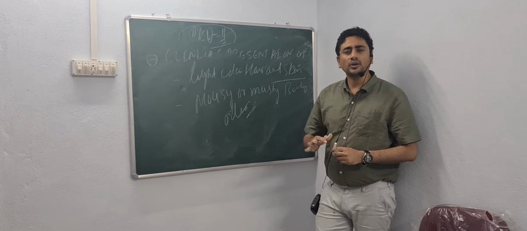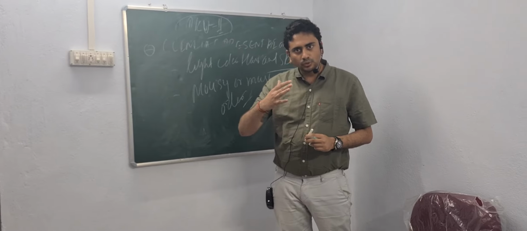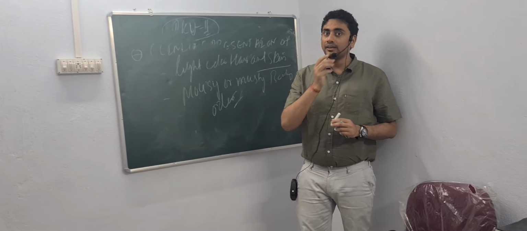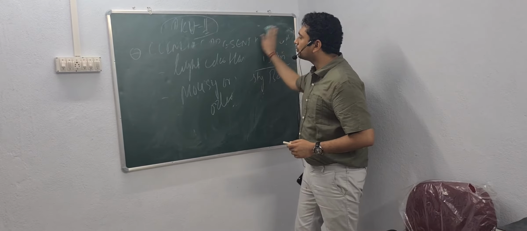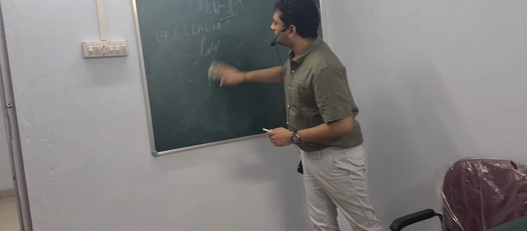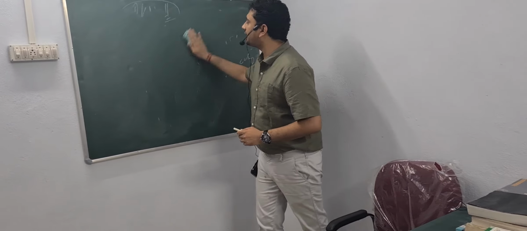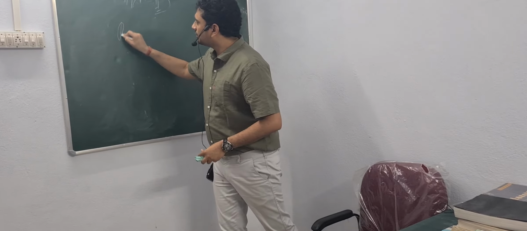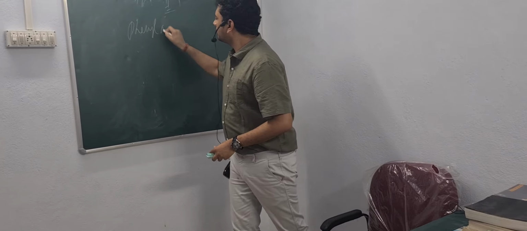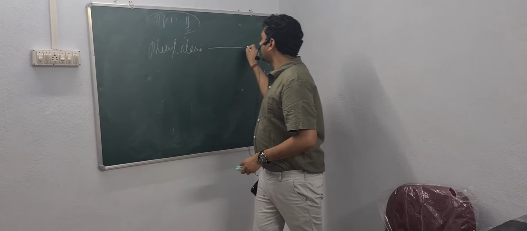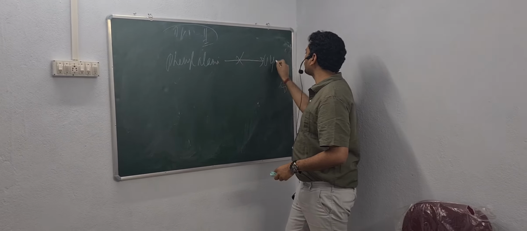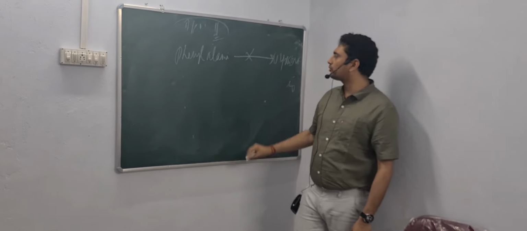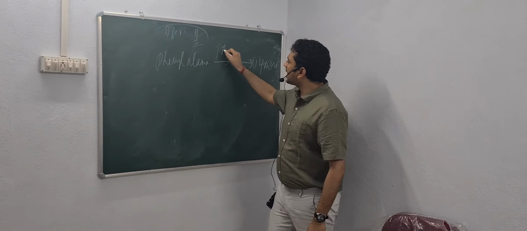Now coming to the biochemical basis of the signs and symptoms of the clinical presentation which we see in case of phenylketonuria. So now you know that this phenylalanine is not getting converted into tyrosine, or very little phenylalanine will be converted into tyrosine due to deficiency of enzyme phenylalanine hydroxylase.